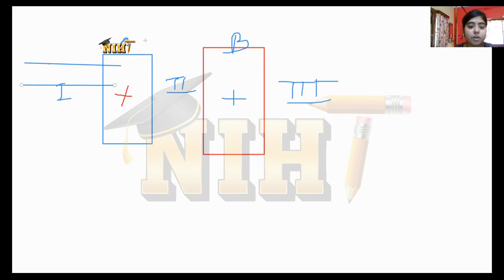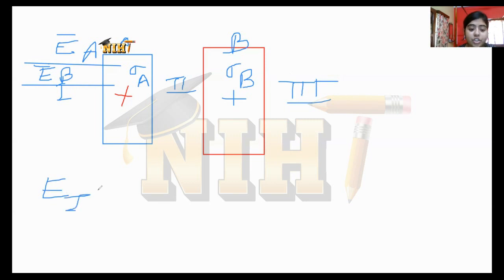Suppose the surface charge density on plate A is sigma A and on plate B is sigma B. So this is EA and this is EB, and both will be in this direction. If you add up, the net electric field intensity in region 1 is EA arrow plus EB arrow, because both are directed in the same direction.